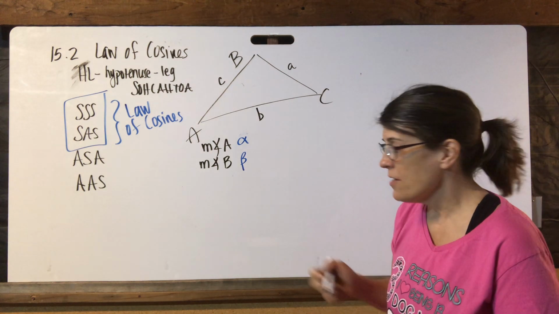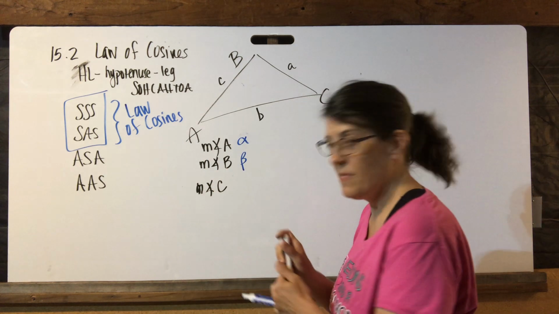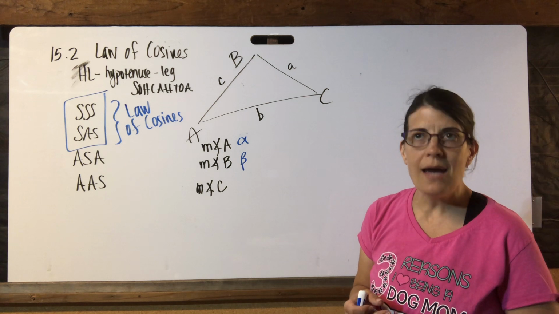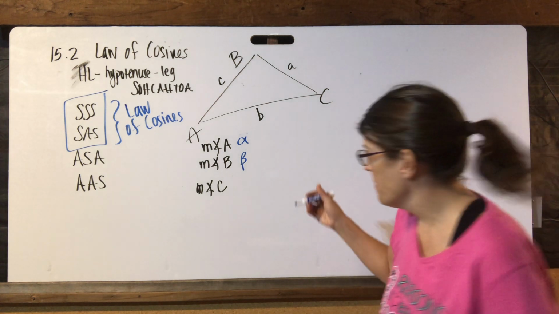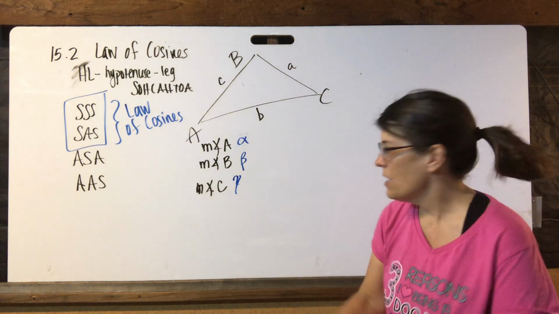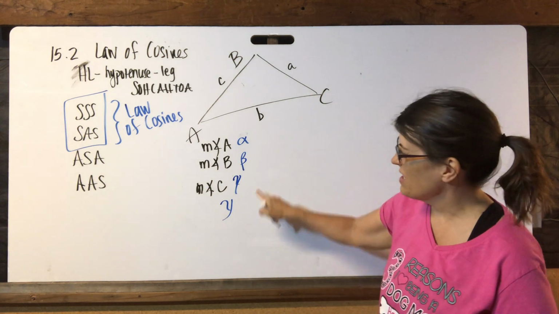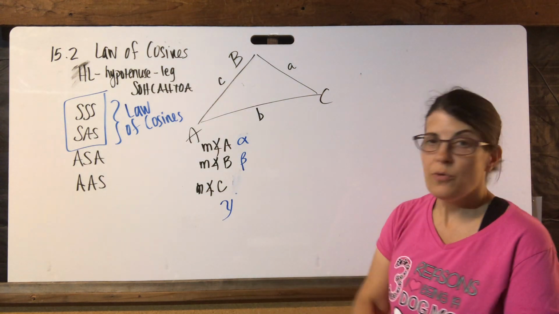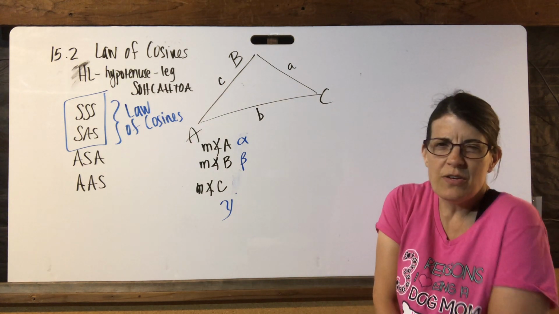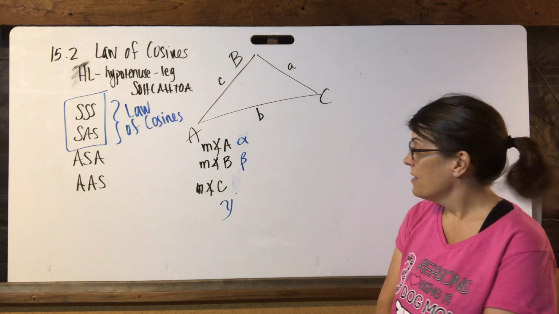And then the measure of angle C is known as gamma, and it looks like a fancy capital Y, with a nice little hook on it. You are not going to be marked off for your ability to draw the Greek letters, but you know alpha, beta, gamma.